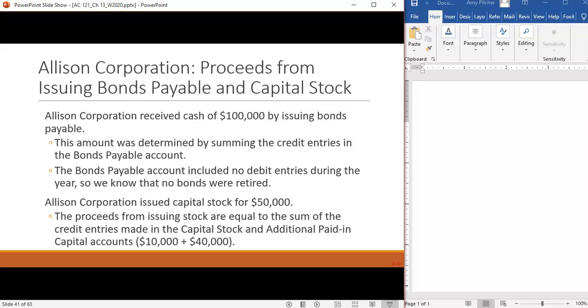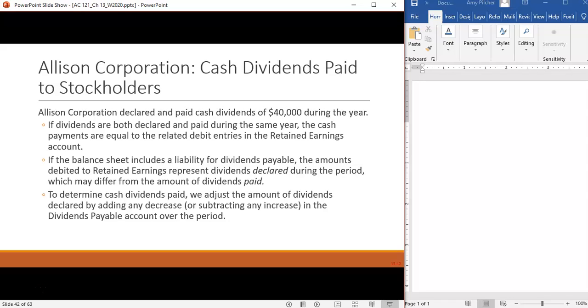We have information that we received cash by issuing bonds payable of $100,000, and we issued stock for $50,000. So we have capital stock and additional paid-in capital. We also paid dividends, and we paid amounts on short-term debts. We paid cash dividends of $40,000.